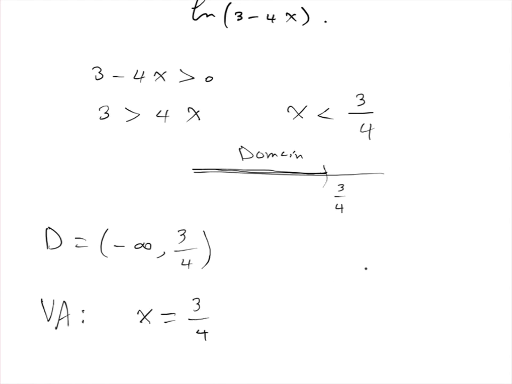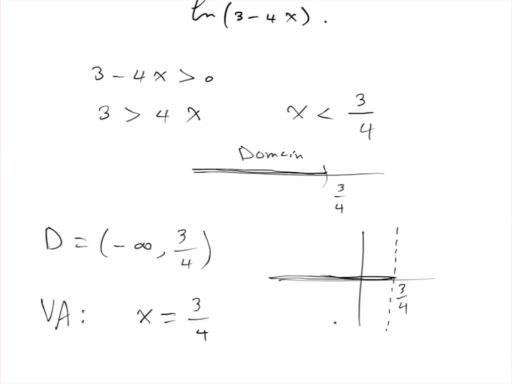And we can actually graph this function now that we know the vertical asymptote is at 3/4. That's the vertical asymptote. The domain is negative infinity to 3/4, so the graph should lie on the left side.